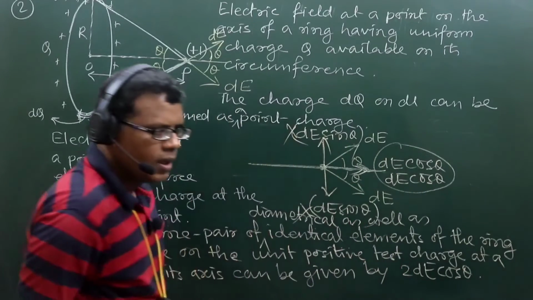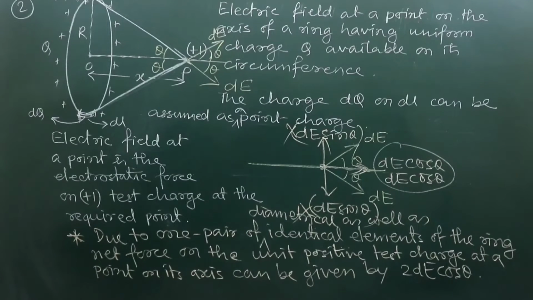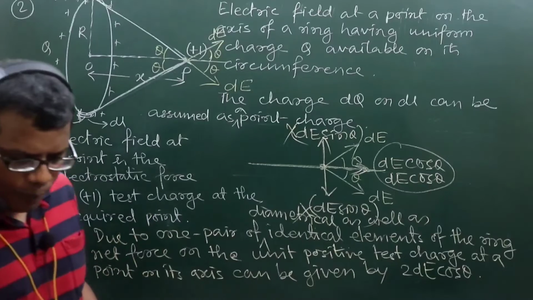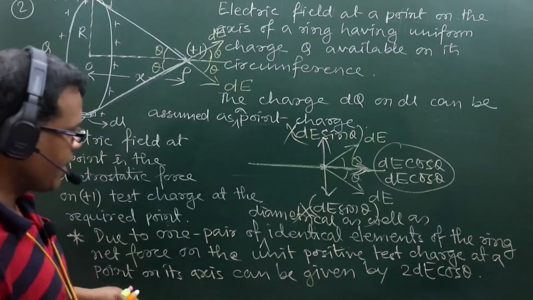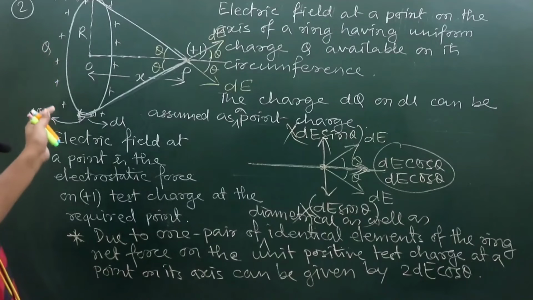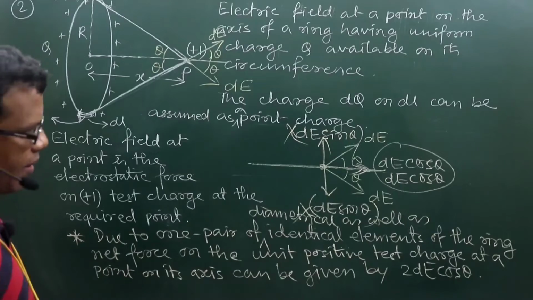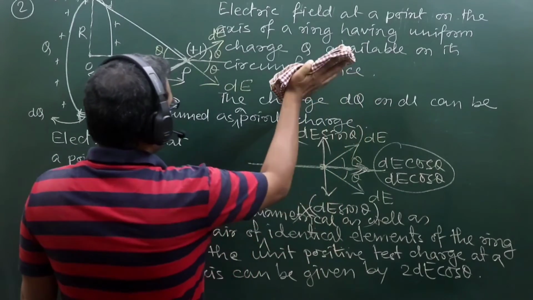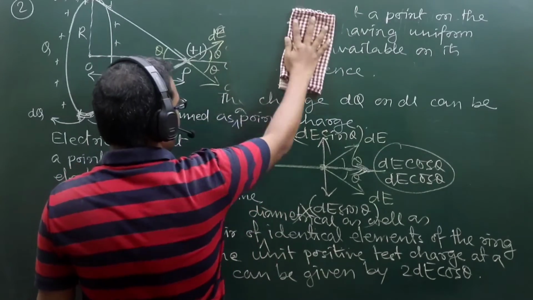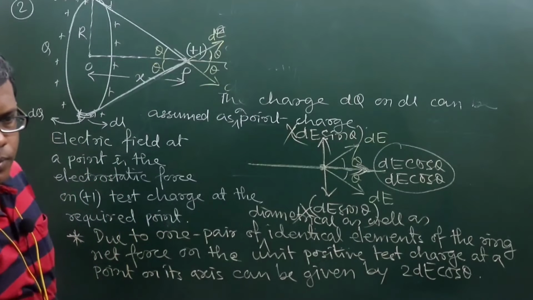Tell me, do you understand the writing of this statement that I have done? So for one diametrically opposite pair of elements, the net effect is 2dE cos theta. Can we say how many such diametrically opposite pairs of elements there can be? How many diameters? First of all, tell me mathematically how many diameters we can think about in a circle.